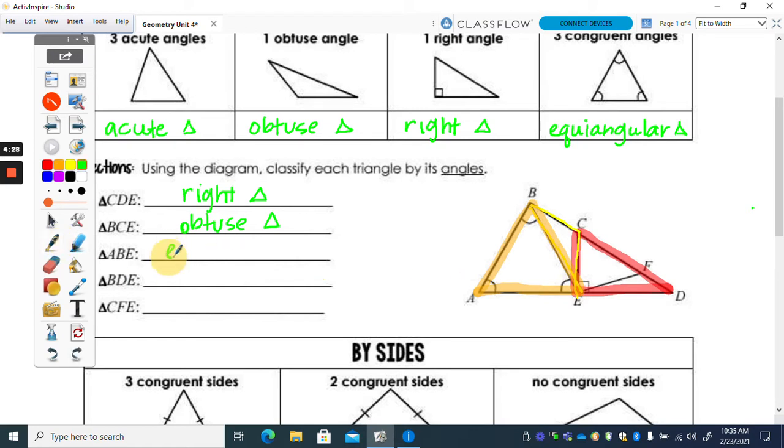So it is an equiangular triangle. EQUIANGULAR. EQUI, and then angular, like the angles.